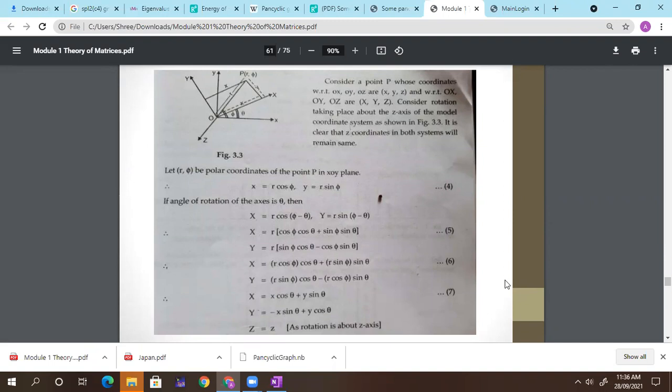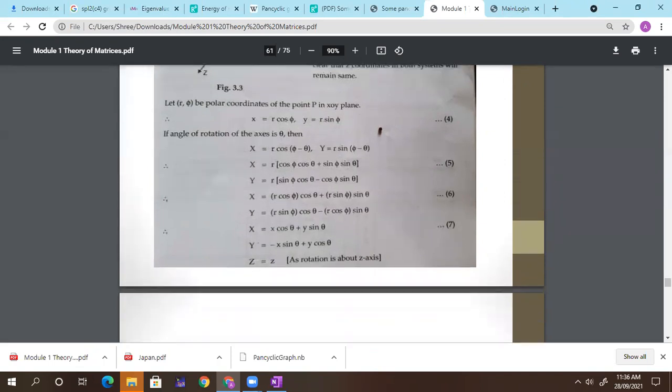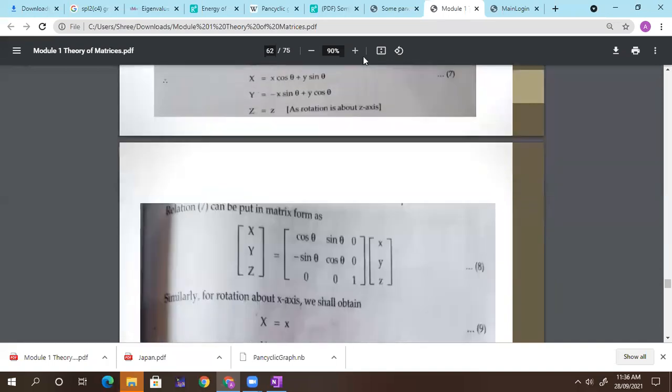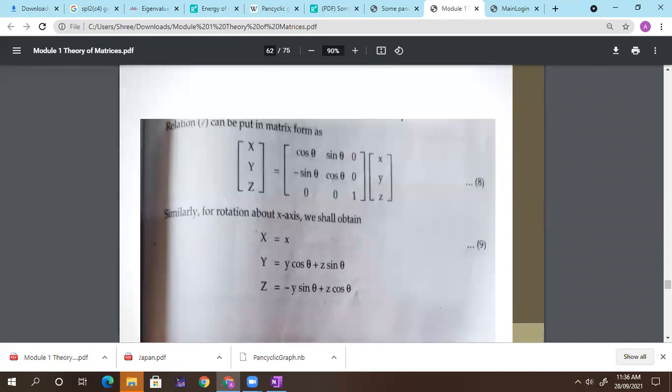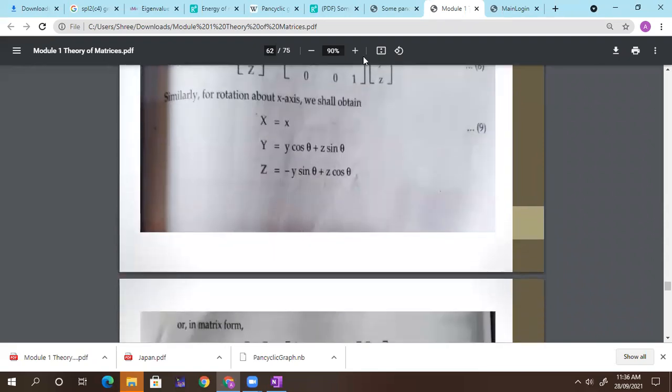If you have any problem with it, you can ask your friends. If you still have a problem, then you can meet me, or discuss with me in the next lecture. Then we have these 3 kinds of rotation: rotation about x-axis, rotation about y-axis, and rotation about z-axis.